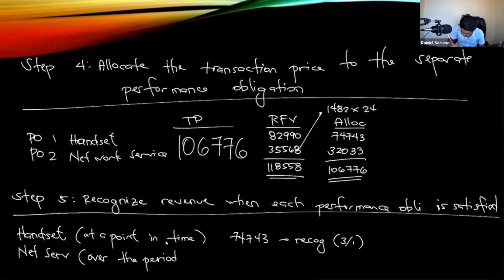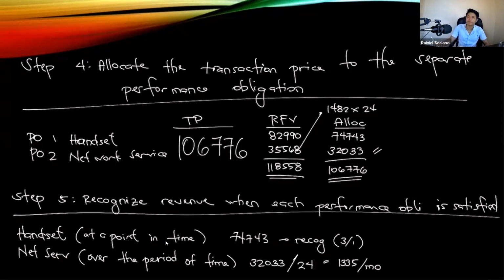Okay? And if that's the case, the 32,033 allocated revenue now will be recognized over the period of time as well. And that's equal to 24 months. So magkano per month? 32,033 divided by 24, that's equal to 1,335 per month.